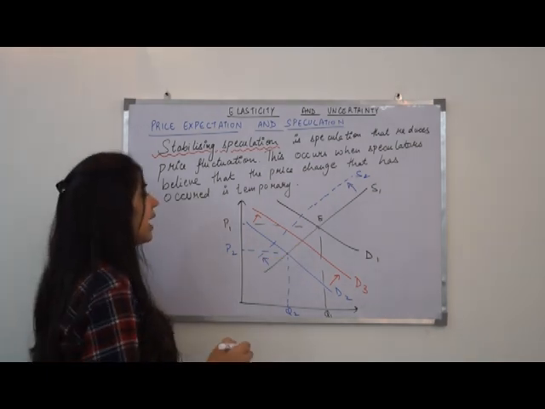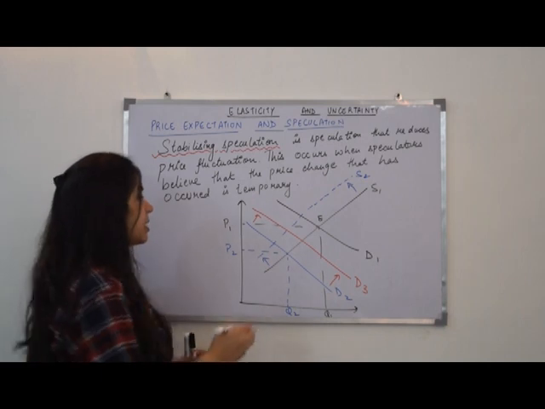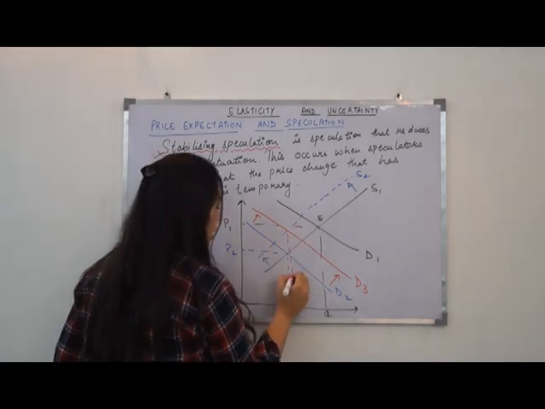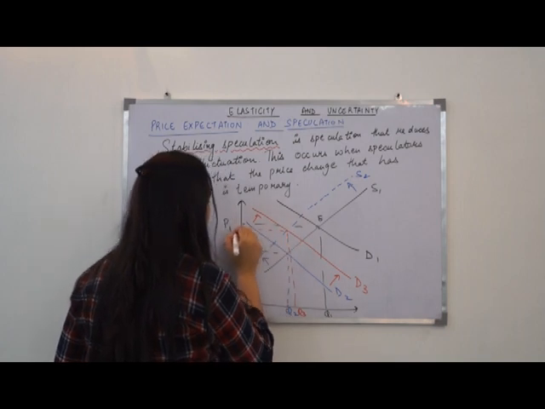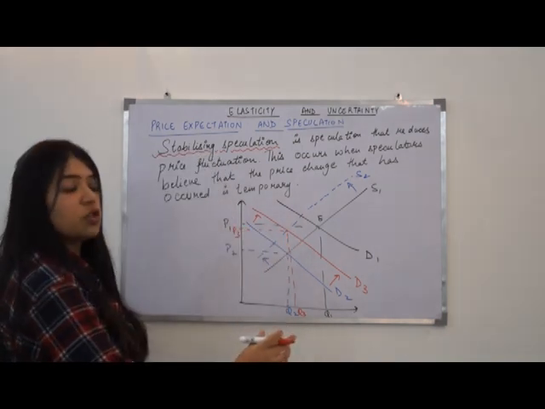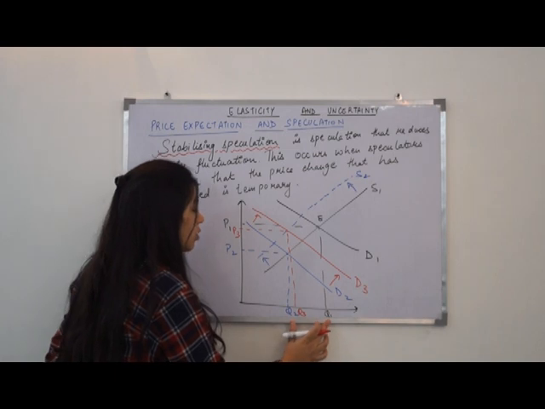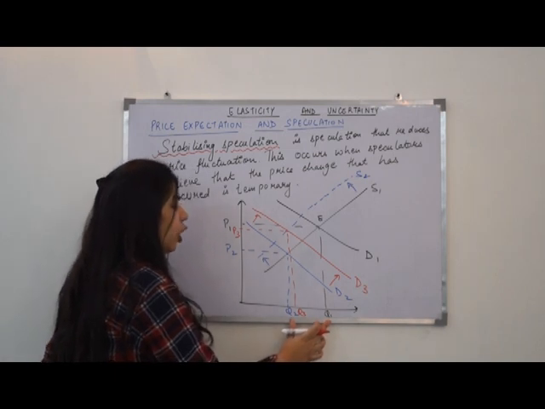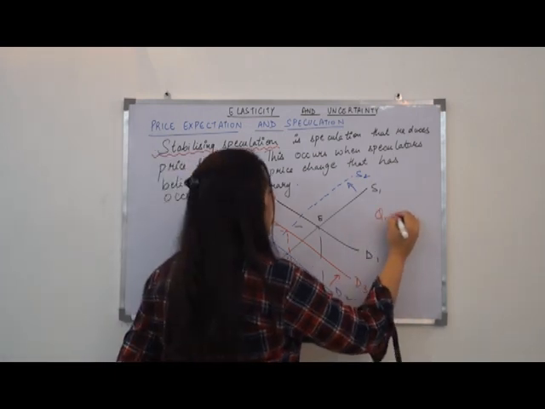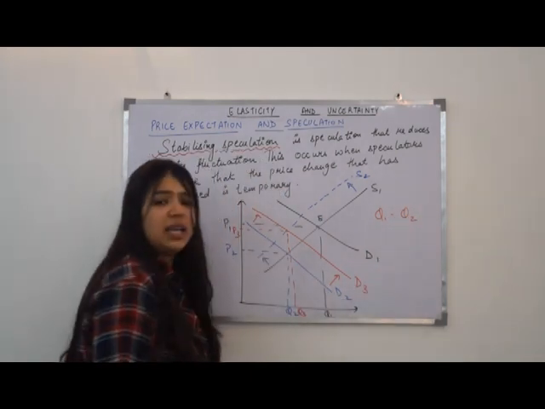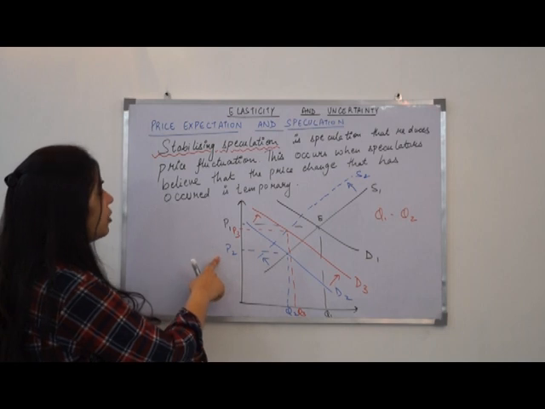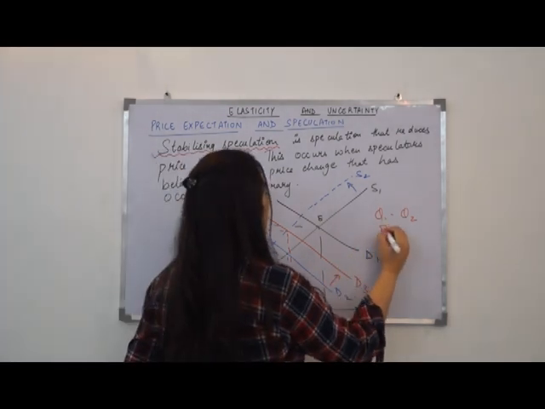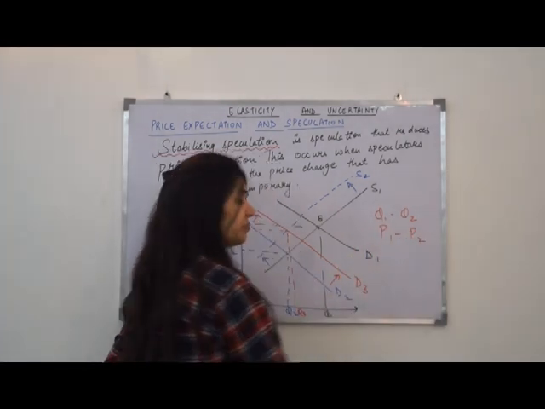Now let's look at where the equilibrium is. The new equilibrium is going to be somewhere here. So we can see that the quantity traded would have dropped by Q1 minus Q2 in the absence of speculation, and in the absence of speculation, the price would have dropped by P1 minus P2.